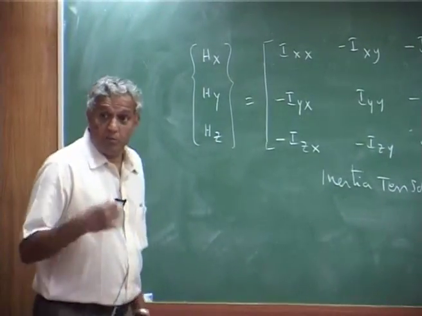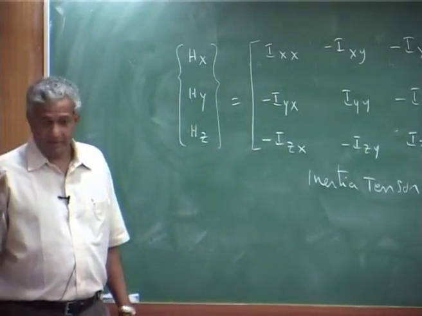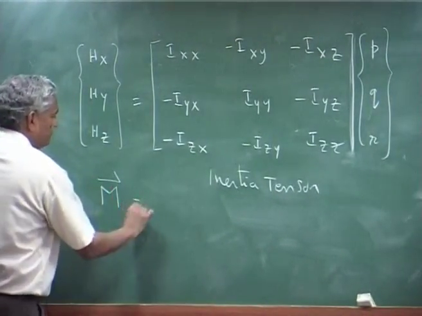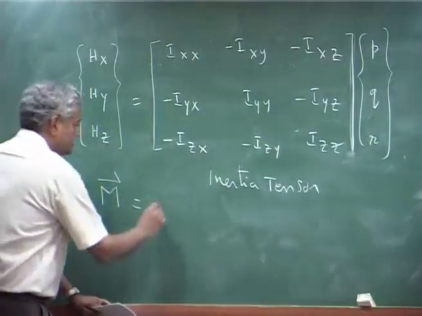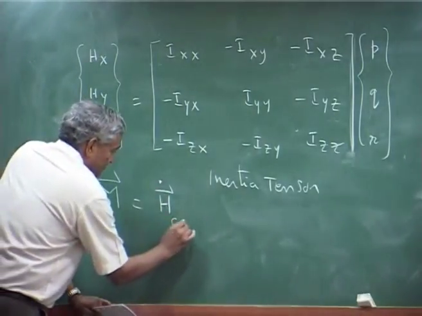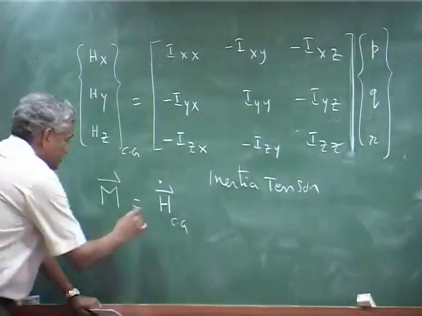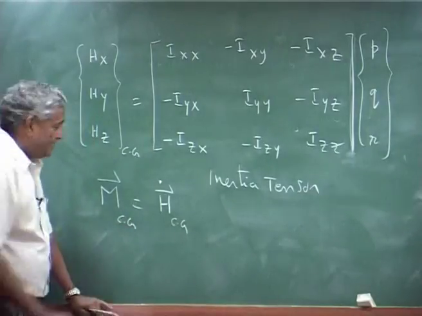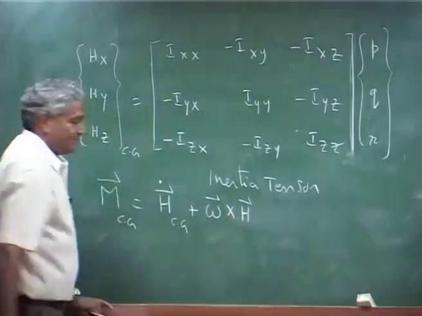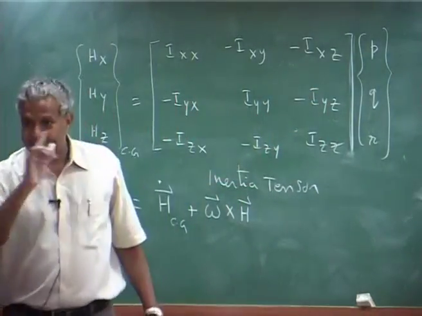Now, what I want is the moment. This is defined with respect to my axis system in the body, PQR. Moment is essentially H dot about the CG, plus omega cross H, because these vectors are also changing with time.